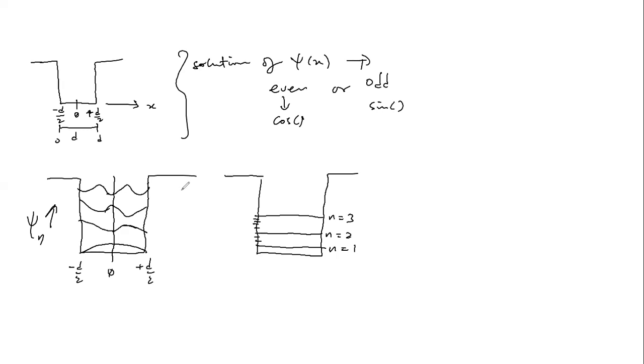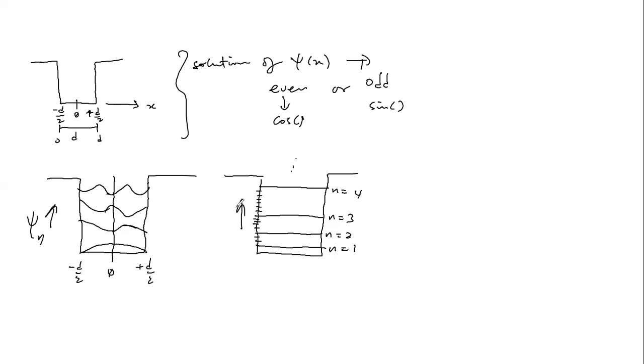Then we have about 1, 2, 3, 4, 5, 6. Then this becomes n equal to 4 all the way, right? And this is the same as the energy level.